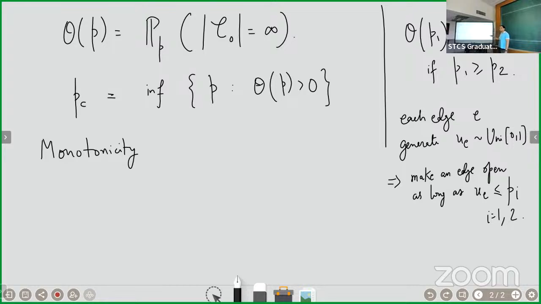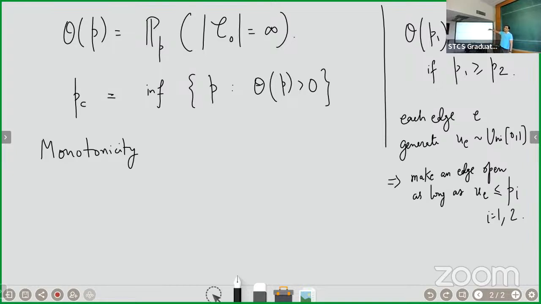Now can you tell me why this is true? Now you just have to give the punchline. What is the punchline? Every single time an edge is open in graph one, the same edge is also open in graph two.